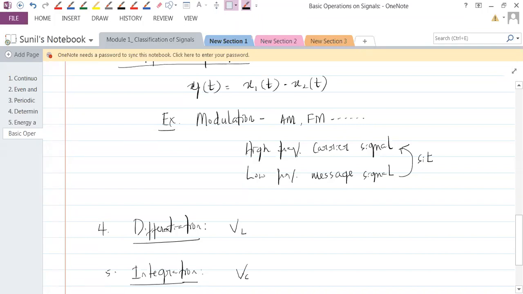The voltage across the inductor is given by a differential equation. Similarly, the voltage across the capacitor is an integral equation. So these are examples wherein differentiation of a signal is happening and integration of a signal is happening. Understand that?